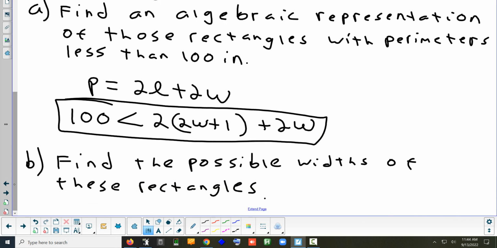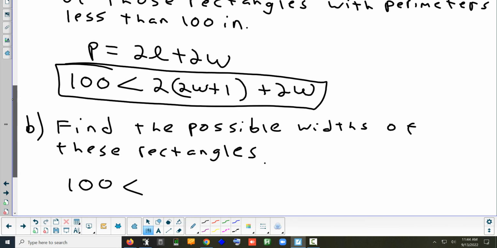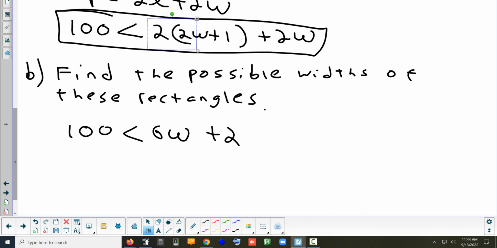And now, solve it. Find all the possible widths of the rectangles. So 100 is going to be less than 4W plus 2W, which is 6W, plus 2. So 100, actually let's do 98, is less than 6W.